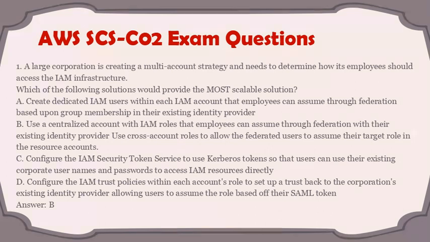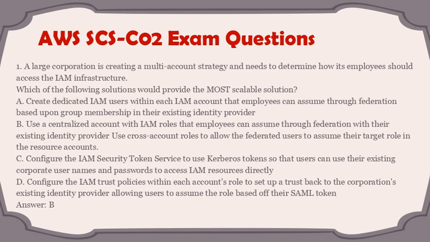B. Use a centralized account with IAM roles that employees can assume through federation with their existing identity provider. Use cross-account roles to allow the federated users to assume their target role in the resource accounts.